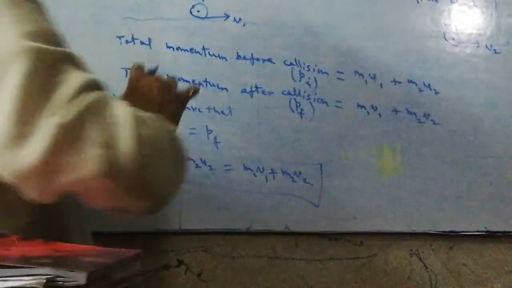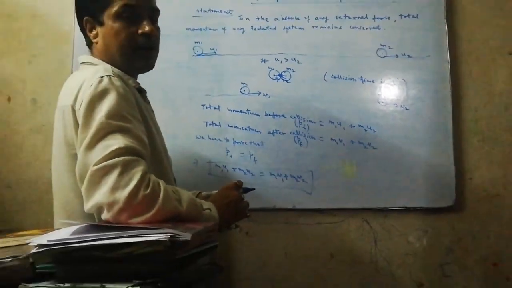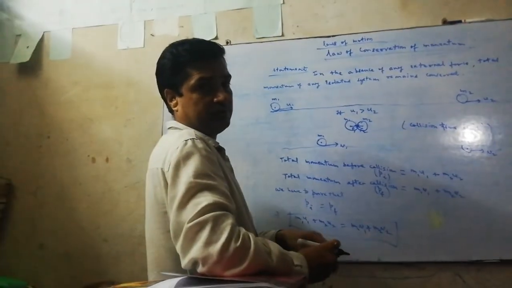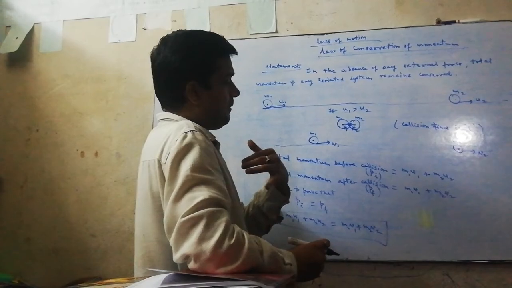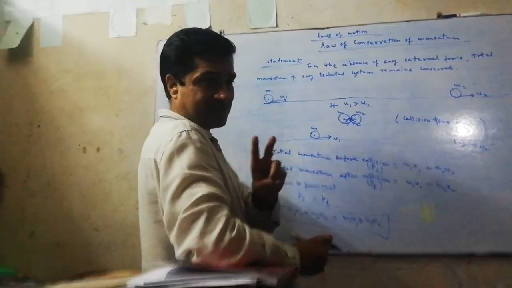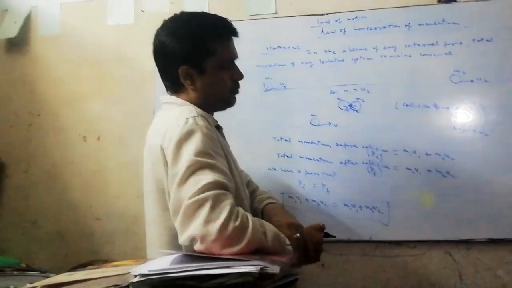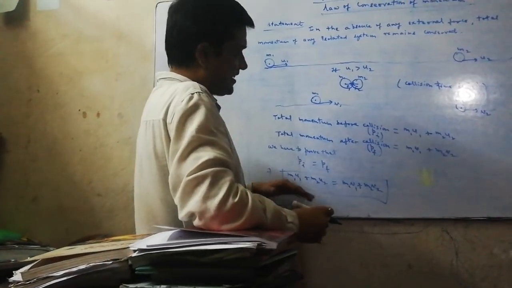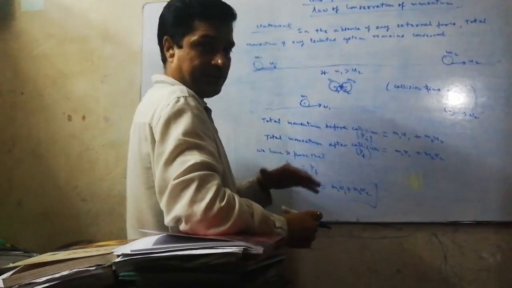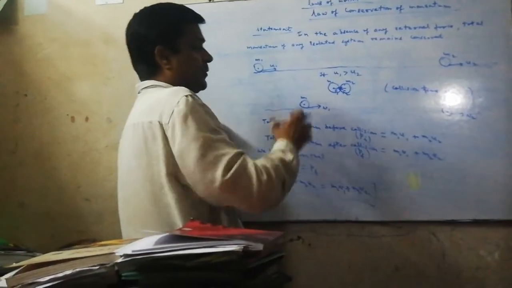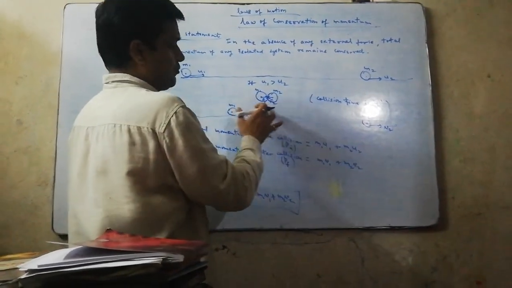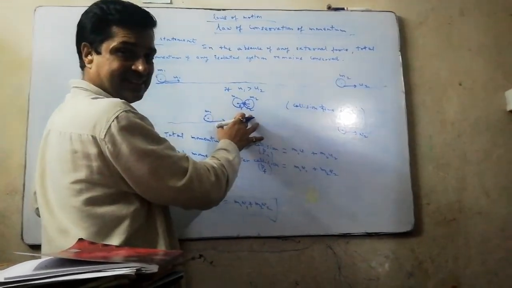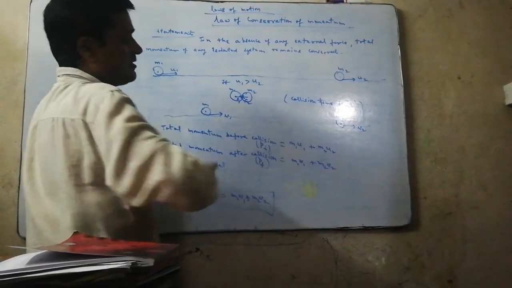For the proof, we will use two laws, Newton's second law and Newton's third law. So we will apply these two laws of motion to prove this law of conservation of momentum. Here we see F1 and F2 acting equal and opposite to each other.